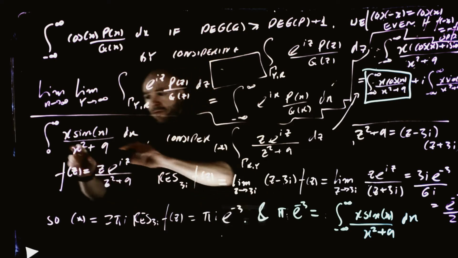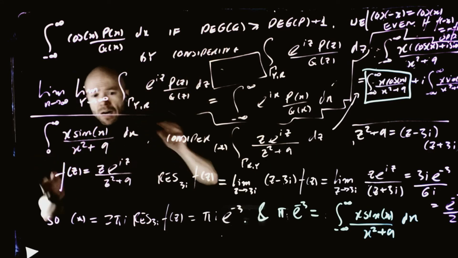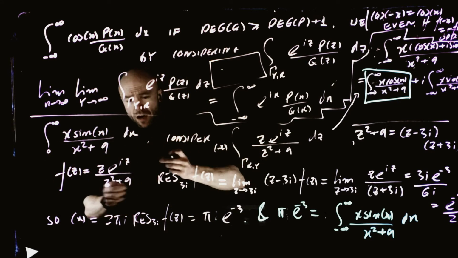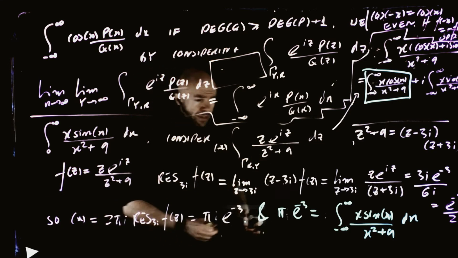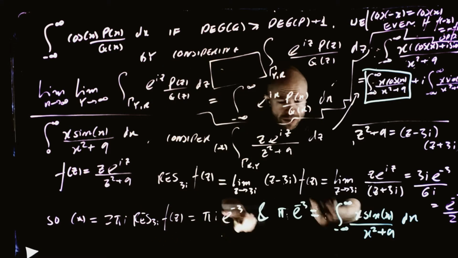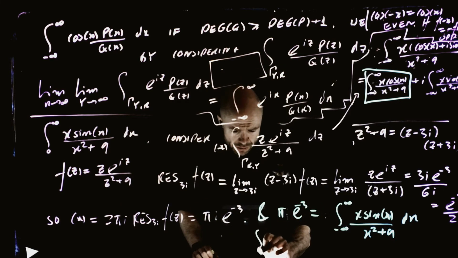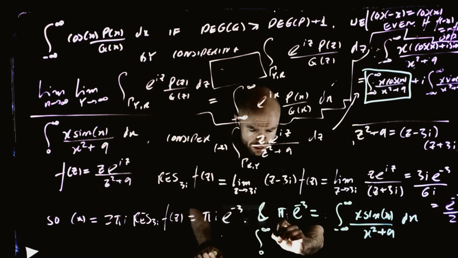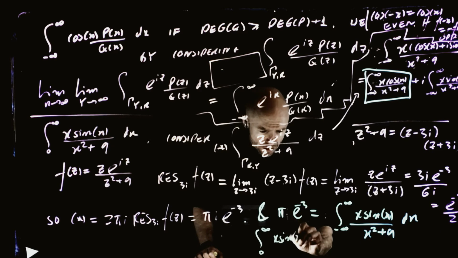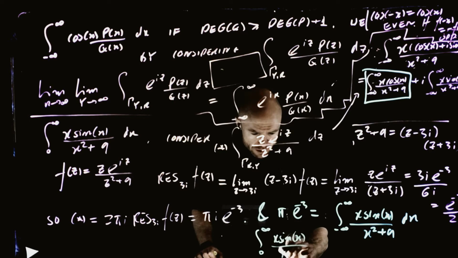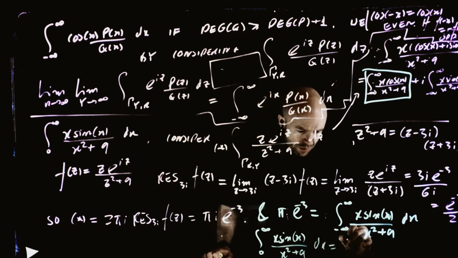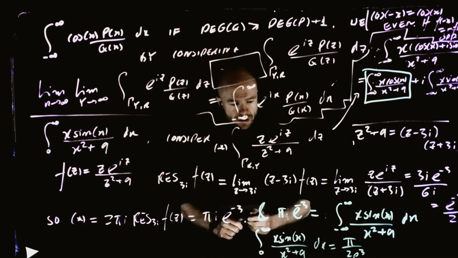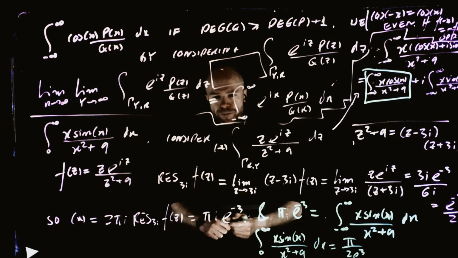So the integral from 0 to r is exactly half the integral from minus r to r. So if we divide this thing by 2, we're going to get what we want. So we should have the integral from 0 to infinity of x sine of x over x squared plus 9 dx is equal to pi over 2 e to the 3. And that should be our answer.